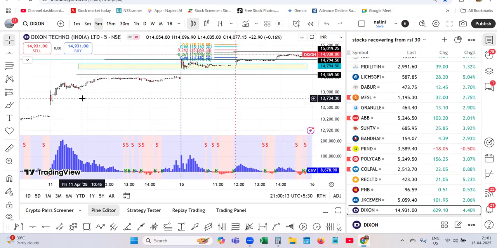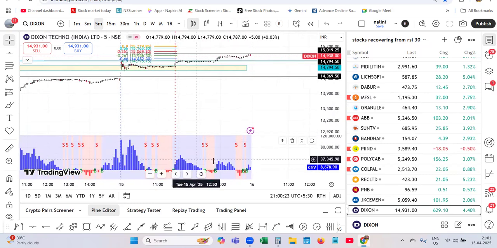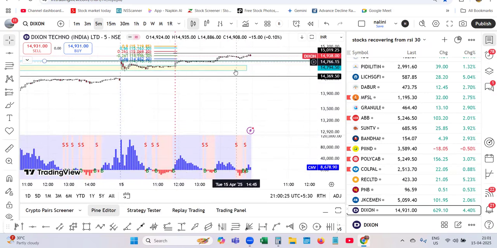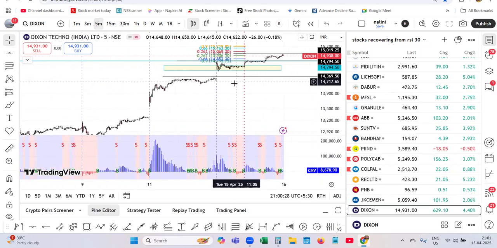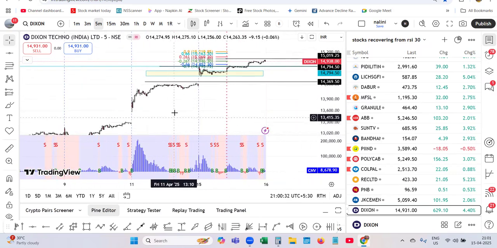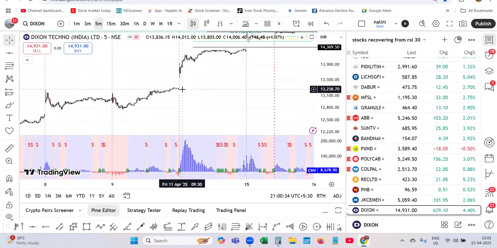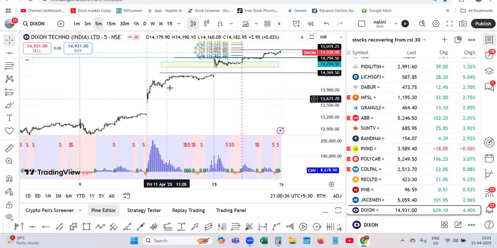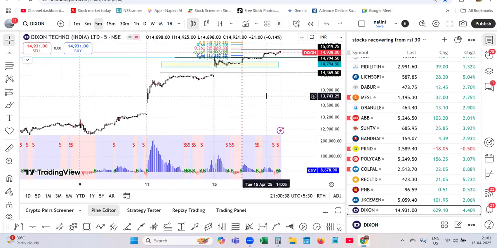That's why the option price moved exponentially higher in Dixon Technology. Even this move continued today also. It did not stop. It came up to 15,000. It gapped up from 13,000, a 2,000 rupees gain within 2 days.